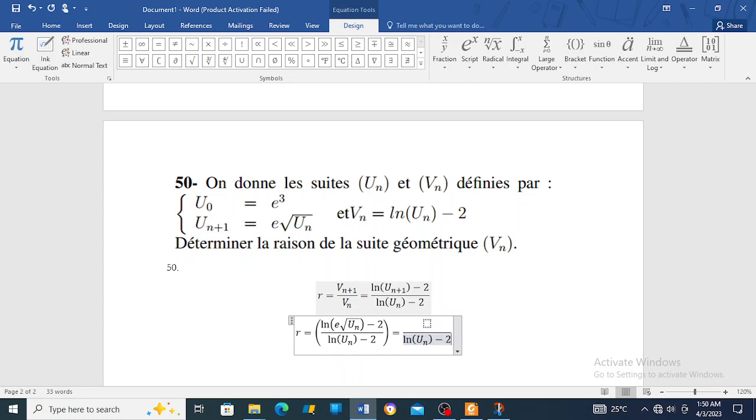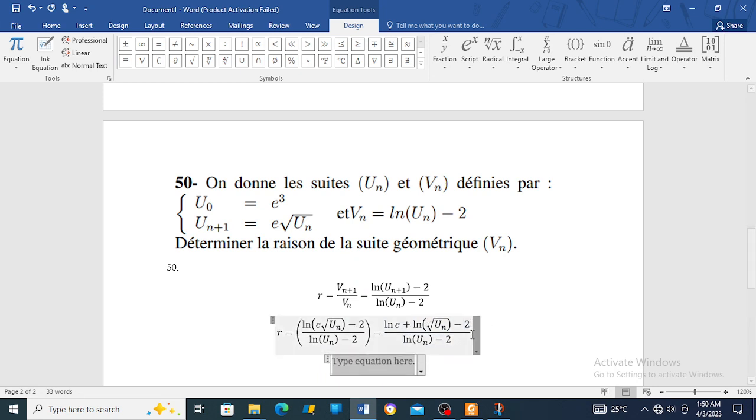Now we try to simplify the numerator. We can write this ln as the ln of e plus the ln of the square root of un, then we need to subtract 2. The ln of e is 1, and we cannot further simplify the denominator.